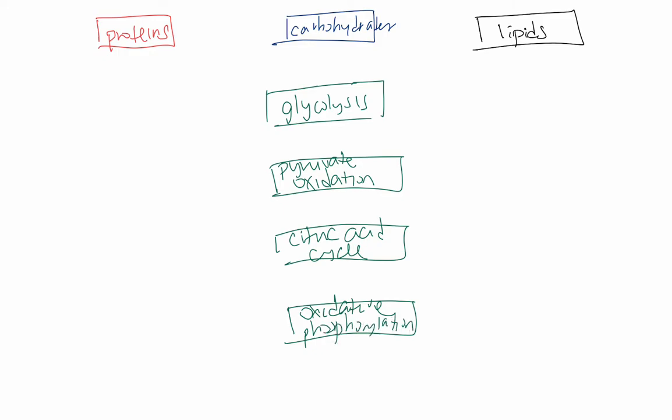And what's going to happen is, well, carbohydrates, let's use the original color. If it's a monosaccharide, it will go through all parts. And if it is a polysaccharide, then it will have to be broken down to monosaccharide first.